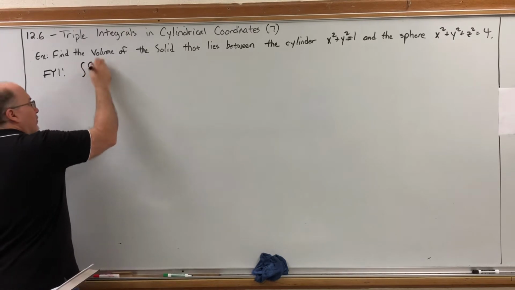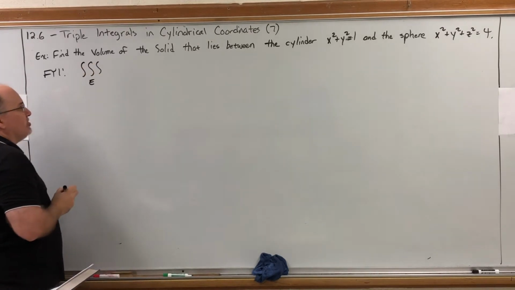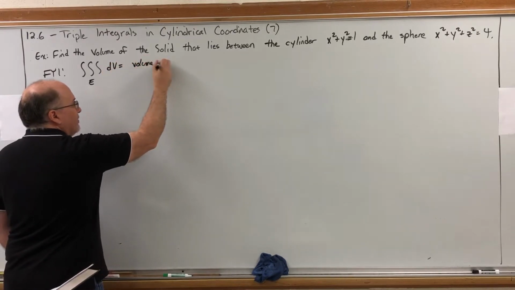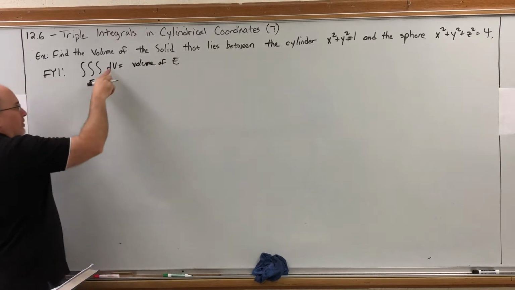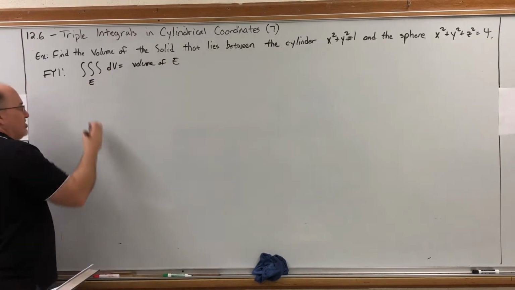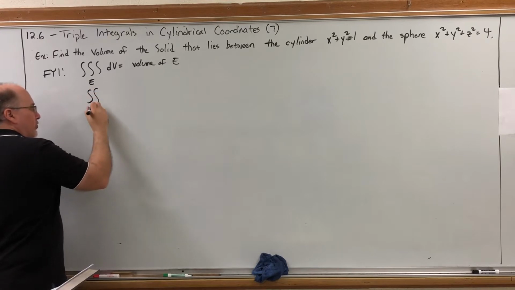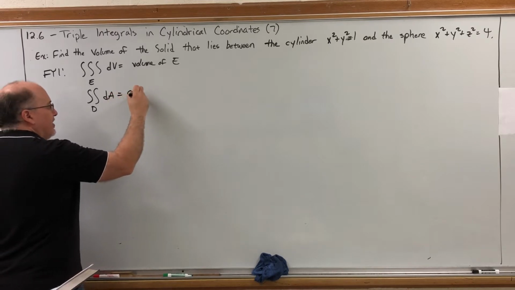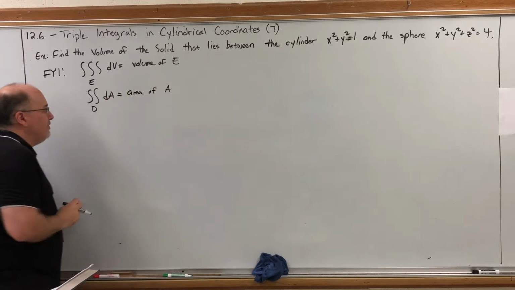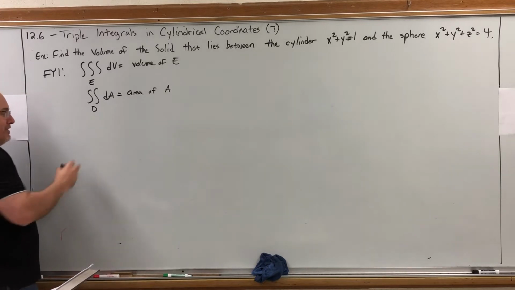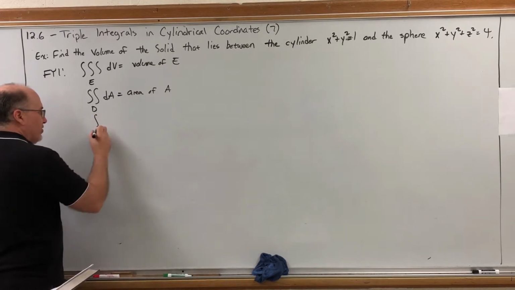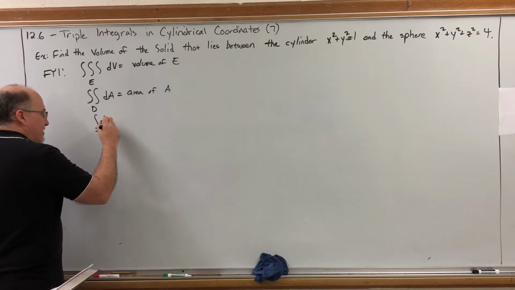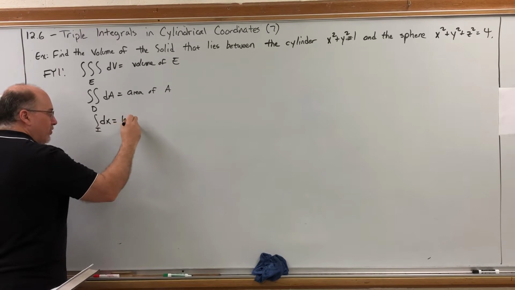When you do a triple integral over a solid E of just dV, that gives you the volume of E, because the integral of dV is just V. Similarly, if you do a double integral over a region D of dA, that gives you the area of D. The equivalent in one dimension is if you do a single integral over an interval from a to b of dx, that gives you the length of the interval.